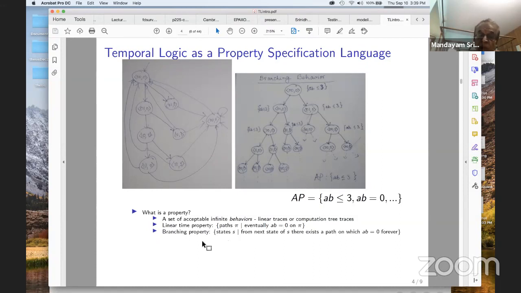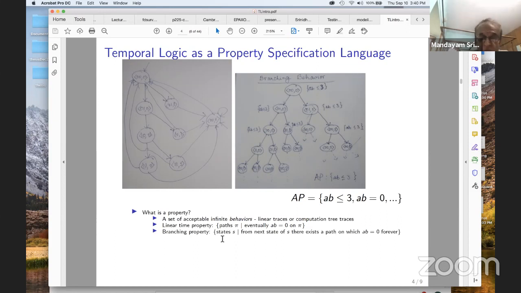Or you can have a branching time property, which usually denotes a set of states, and you express your constraint on the state. So you want every state in your behavior in this computation tree, for example, to be such that from the next state, there exists a path on which a b is equal to 0 forever.